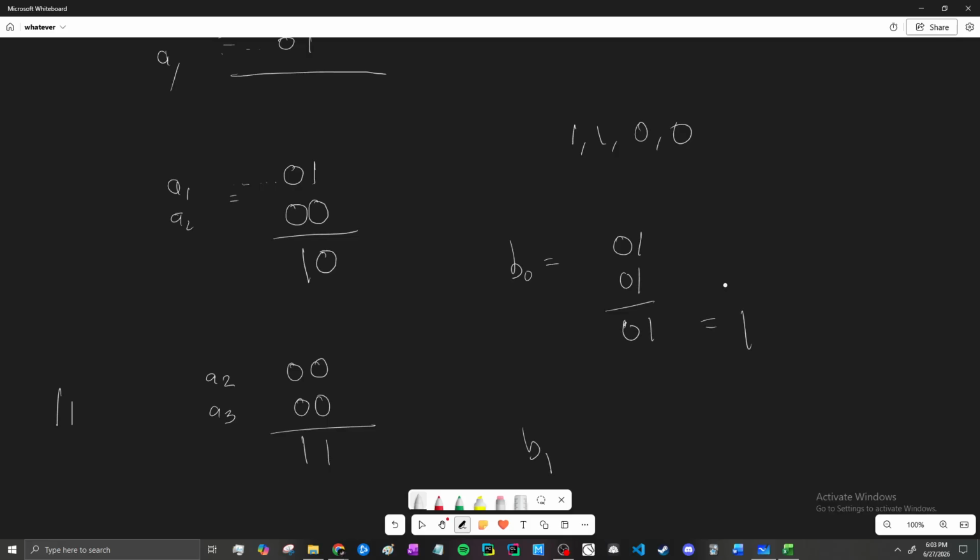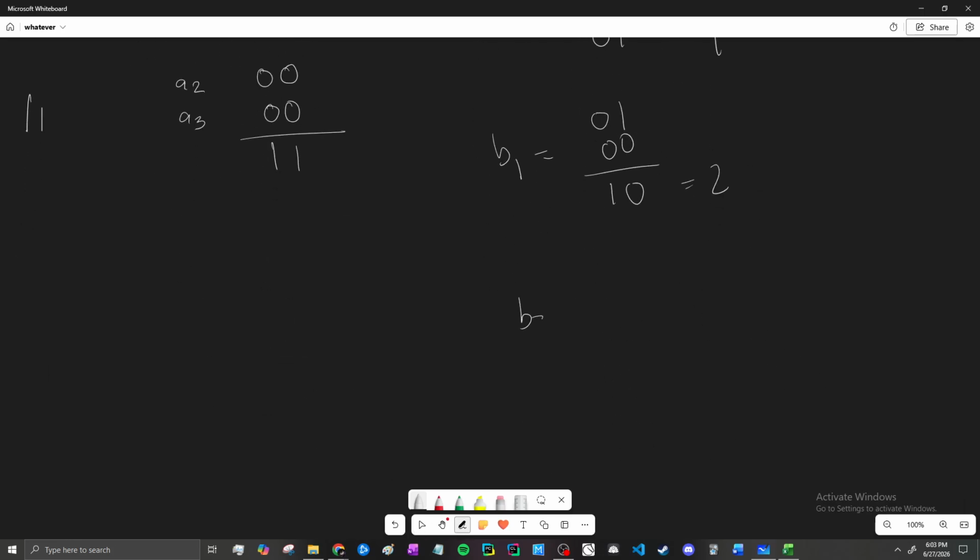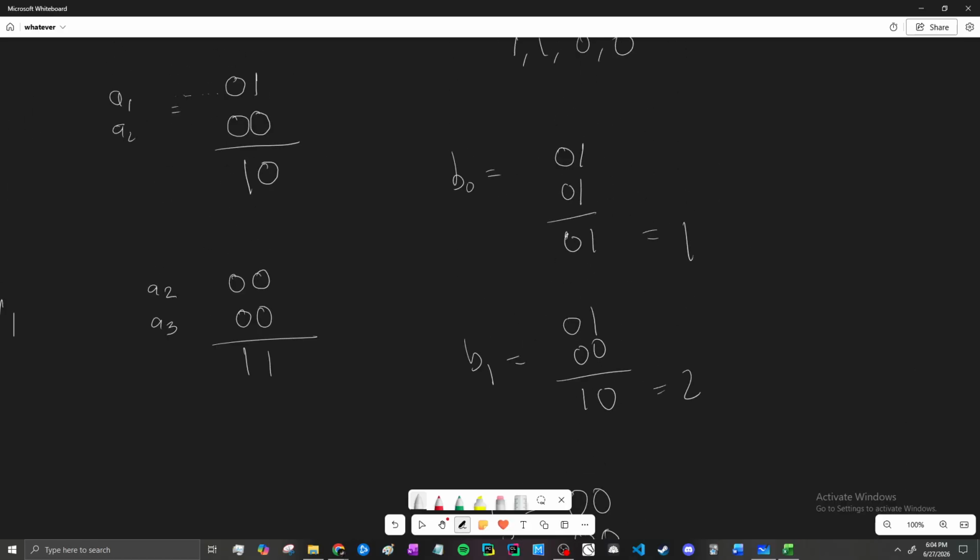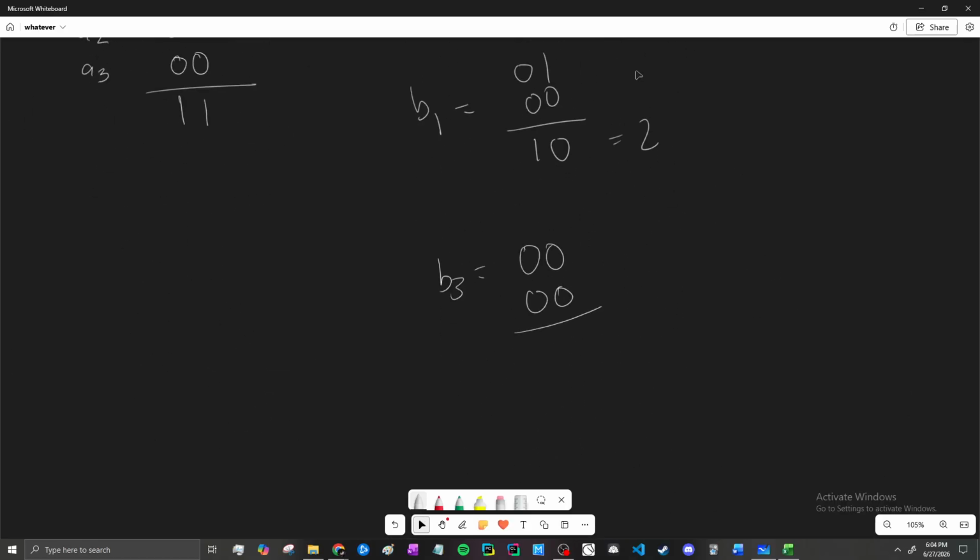B1 is basically 0 1 and 0 1, so this is 0, which is 2. B3 is 0 0 and then 0 0, right? It's 0 0. So this is 1 1, 3. This should be true. Okay, so why is it showing it's not?